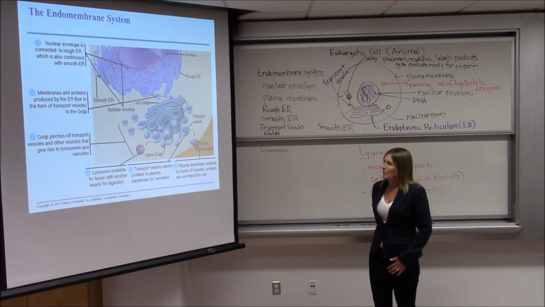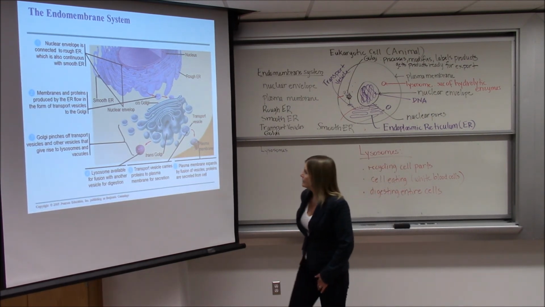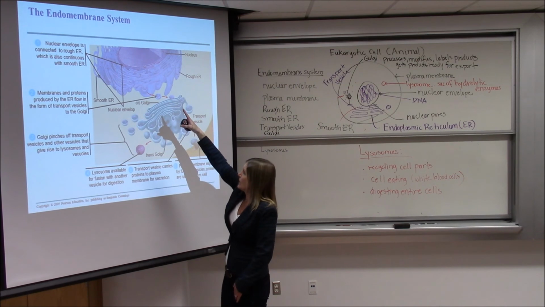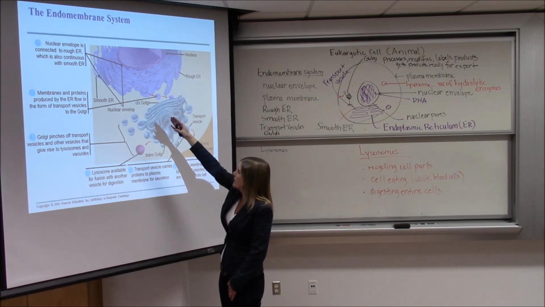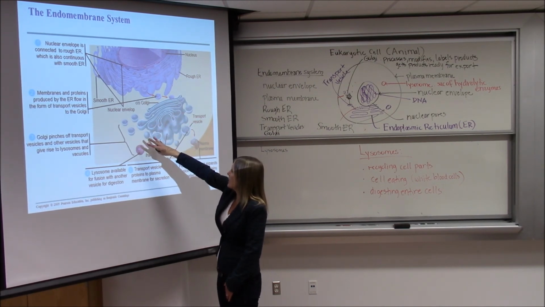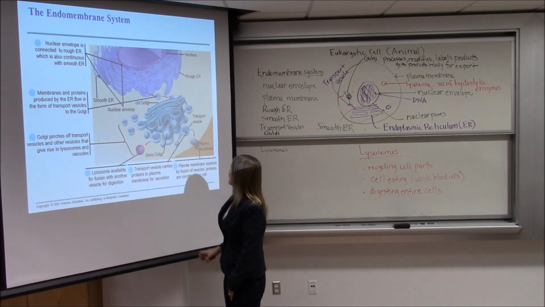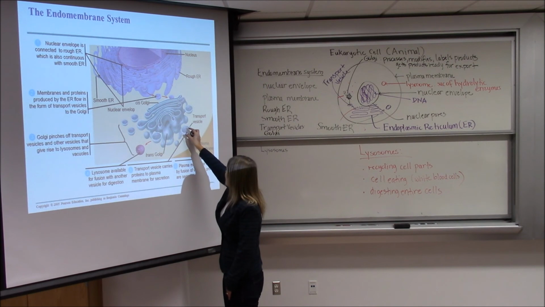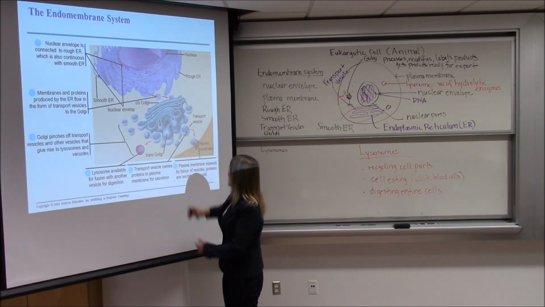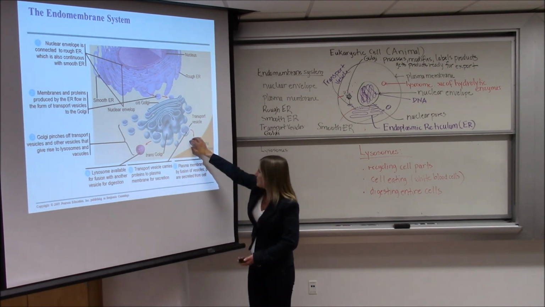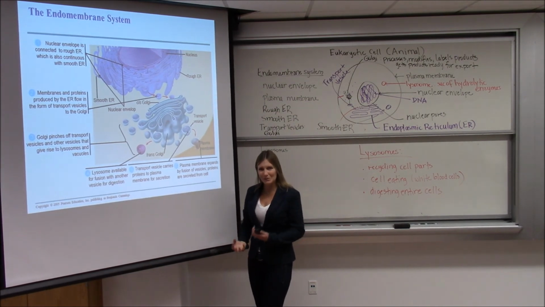So this is the endomembrane system kind of all together. So nuclear envelope connected to the ER, transport vesicles that break off from rough and smooth ER, and also the Golgi. And then ultimately, those transport vesicles can fuse with the plasma membrane. Membrane fuses with membrane.